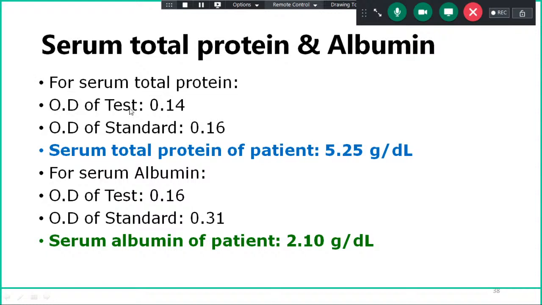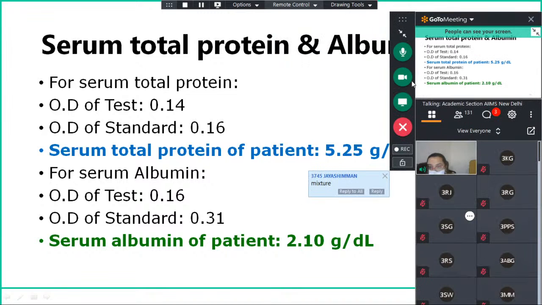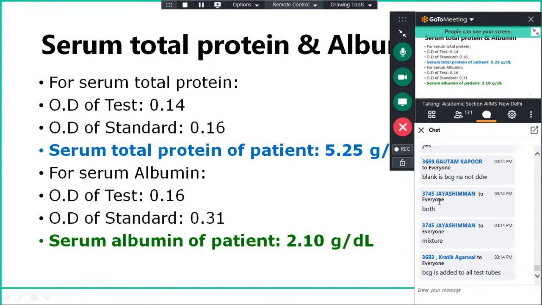The optical density of the test in the total serum protein estimation is 0.16, and the OD of the standard is 0.16. What is the question? I'm not able to see your questions.